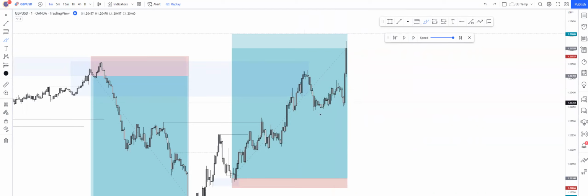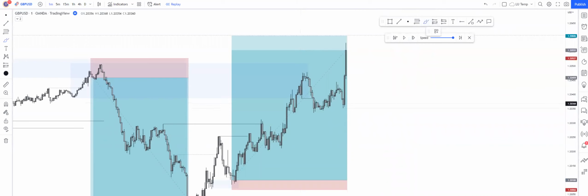It was more high probability to take the long, but I didn't see it in time. I mean, it took liquidity here. There's the inducement. And this would have been the long around here, or even here. But oh well, it already happened.